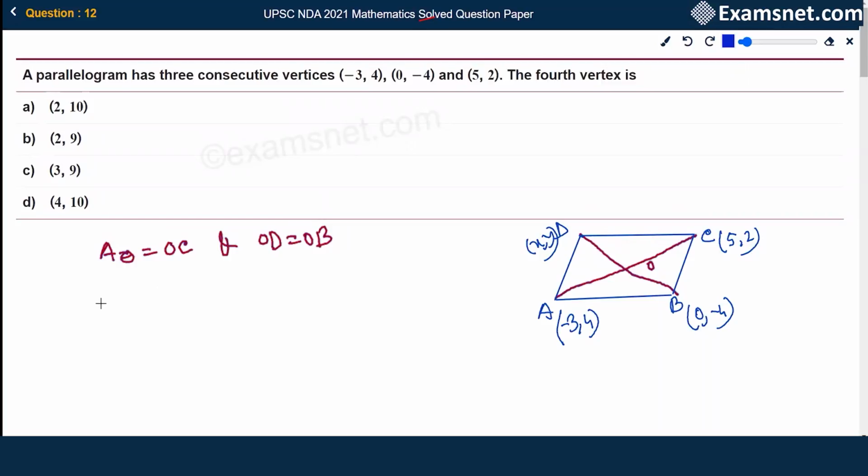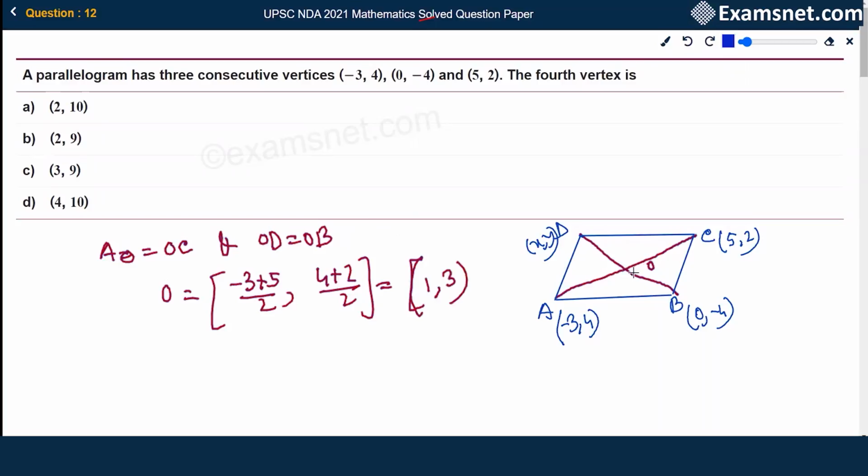With the midpoint theorem, we can find the coordinates of O: ((−3 + 5)/2, (4 + 2)/2). So it will give us the value (1, 3). This is the coordinate of midpoint O. With the help of this, we can easily find x and y.